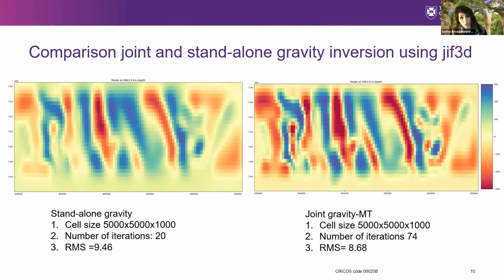So I've got the joint gravity sorted in terms of parameters. I'm showing here one depth slice of the joint and standalone gravity inversion with GIF3D. Both of them have the same cell size.